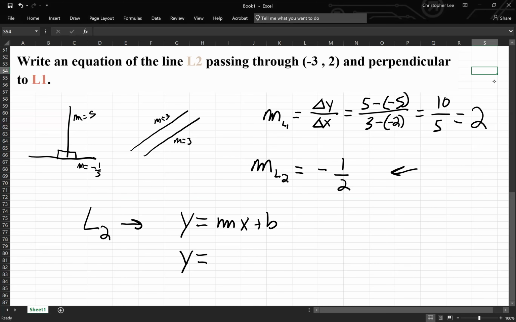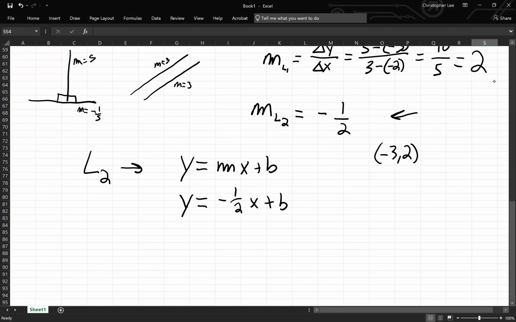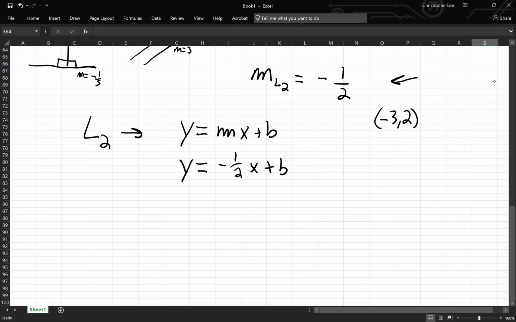So I have y is equal to negative half x plus b. And then we were given a point, negative 3 comma 2. I'm going to plug that in for x and y and then solve for b, which is my y-intercept. So this is going to be 2 is equal to negative half times negative 3 plus b.